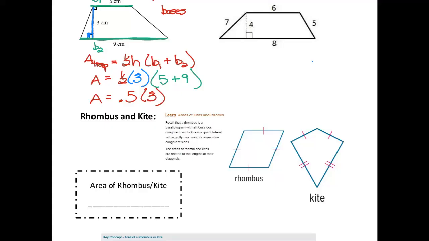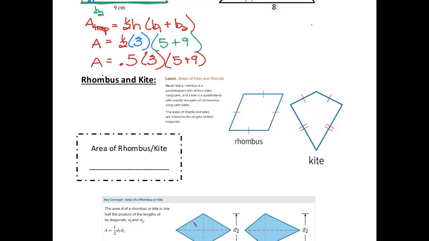And then you would need to put this in parentheses if you really don't want to do any math in your head. So you would put parentheses 5 plus 9 and parentheses, and then hit enter. And what do you get for an answer? Yes, 21.